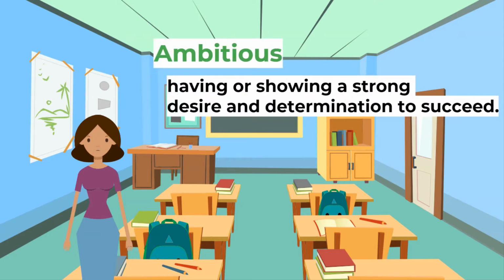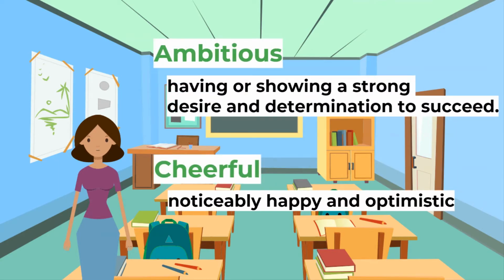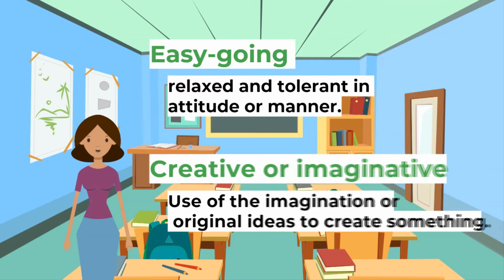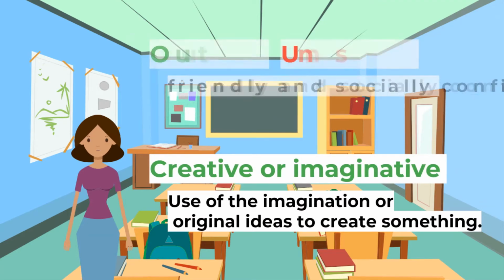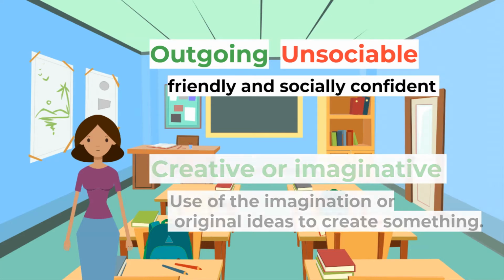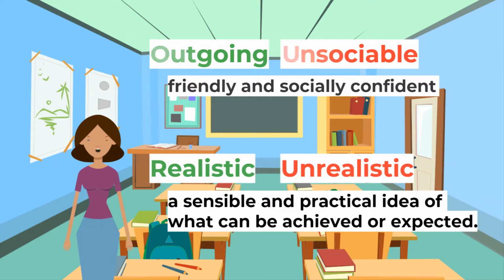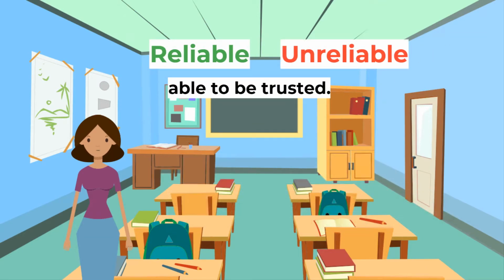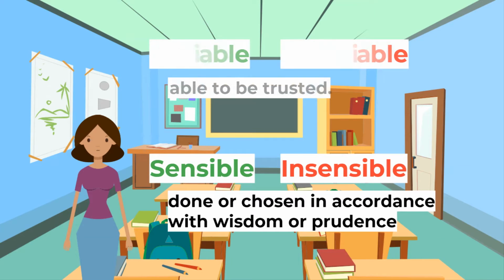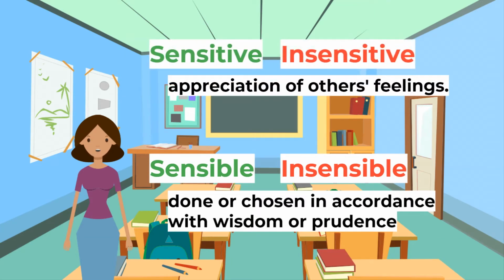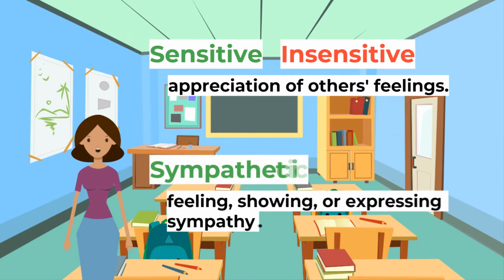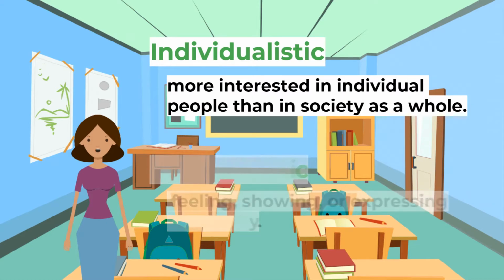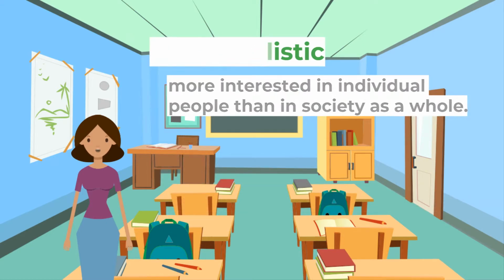First, ambitious, cheerful, easygoing, creative or imaginative, outgoing or the opposite, which is unsociable, realistic or unrealistic, reliable or unreliable, sensible or insensible, sensitive or insensitive, sympathetic, individualistic. These are all good words to use when describing a character or person in your writing.